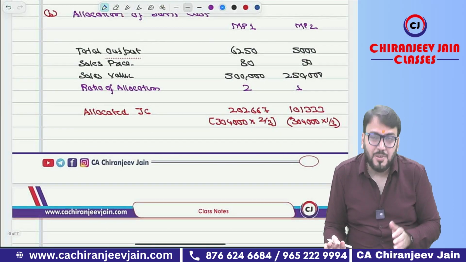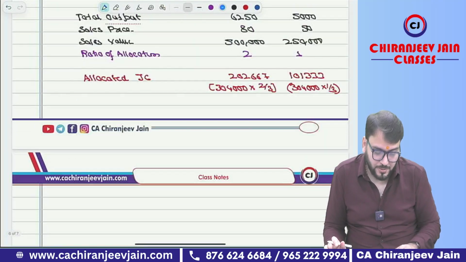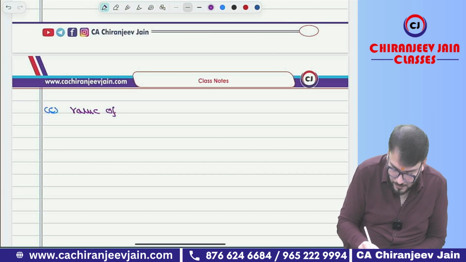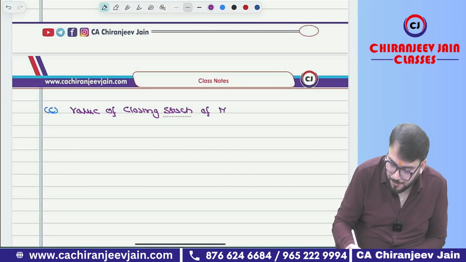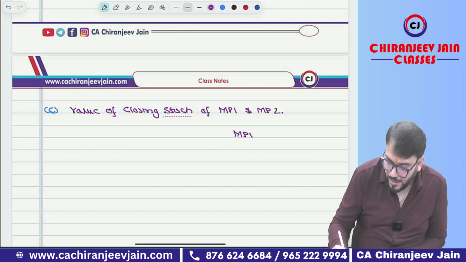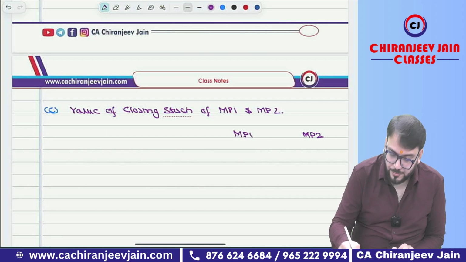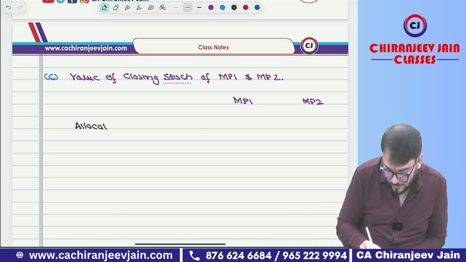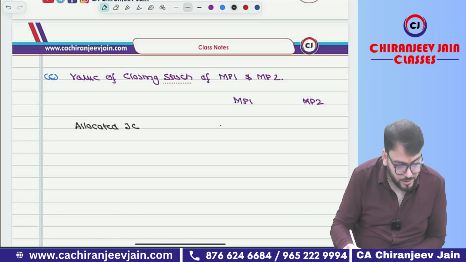Have you understood? Now we can find out the value of closing stock. Write down point number C. Value of closing stock of MP1 and MP2. What is the allocated joint cost?